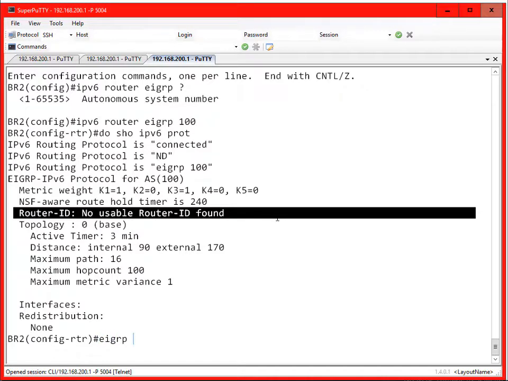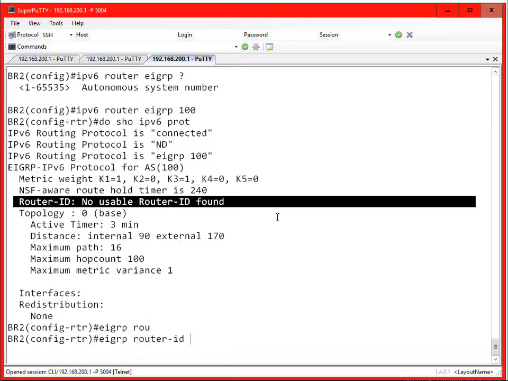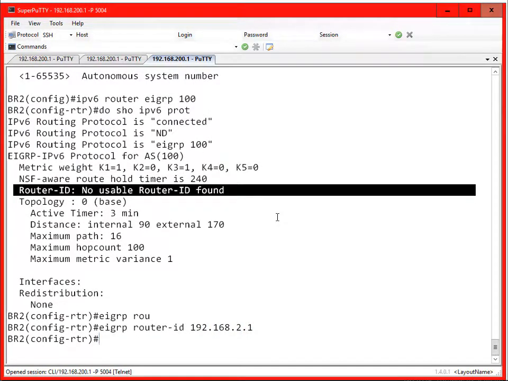It just has to be a 32-bit address that's usable in a dotted decimal format. We're going to go ahead and use an address like we would traditionally, but again, it could be 0.0.0.1 or 2.2.2.2 or whatever you want it to be.